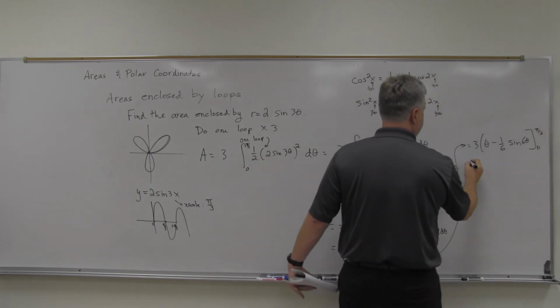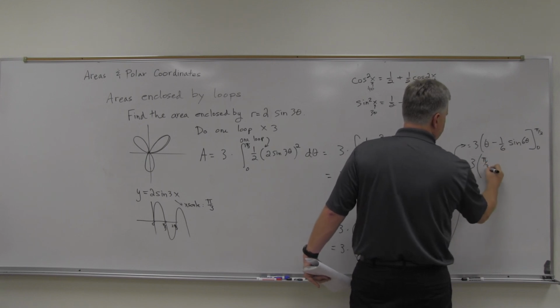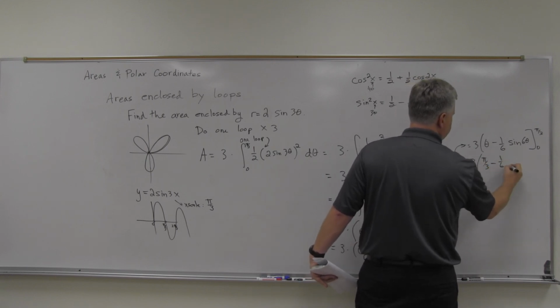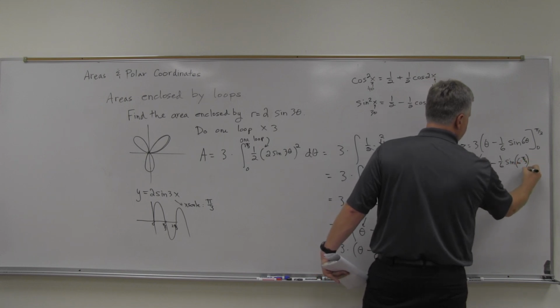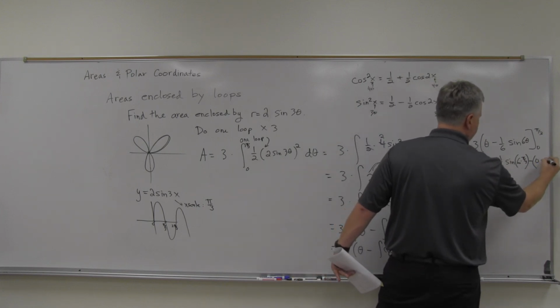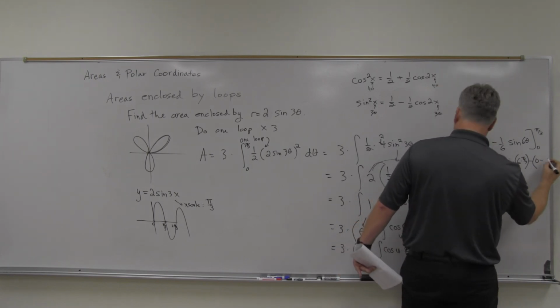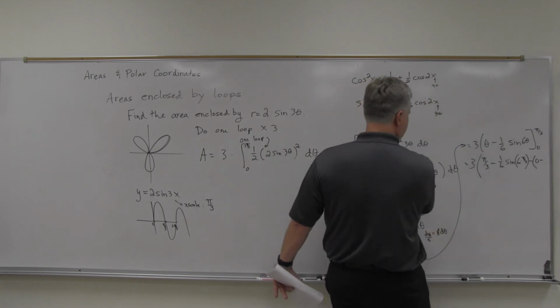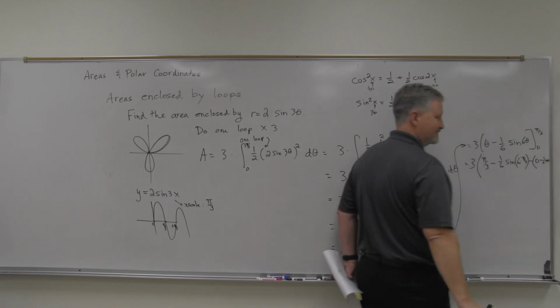Oh yeah, things can work out pretty nicely. Theta is pi over 3, so it'll be pi over 3 minus 1/6 sine of 6 times pi over 3, and then 0. It's sine of 0, right?